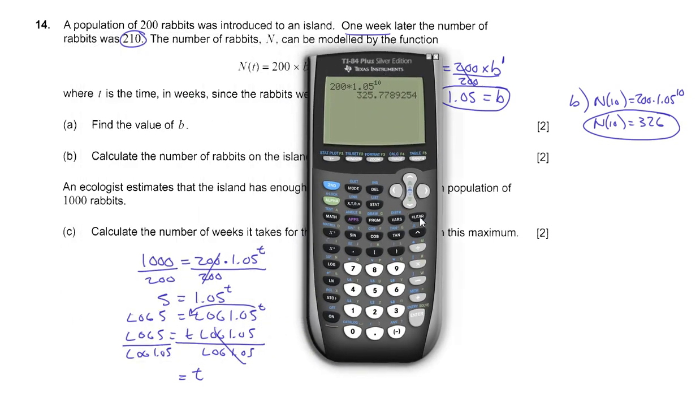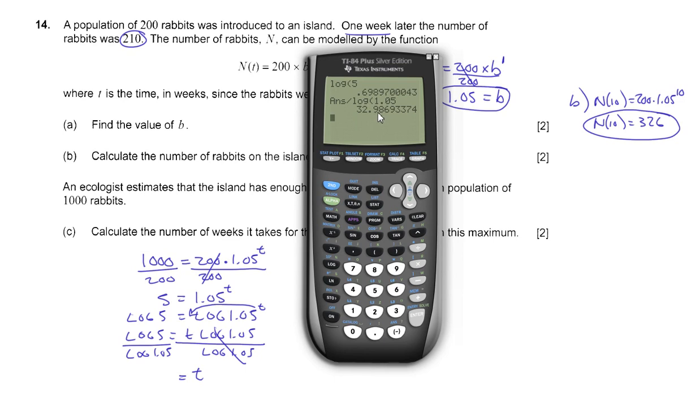Okay, so log 5 divided by log 1.05, and we get 32.986. So that's the number of weeks it's going to take. If we just did 32, it wouldn't quite get to 1,000, so it's going to take 32.98.